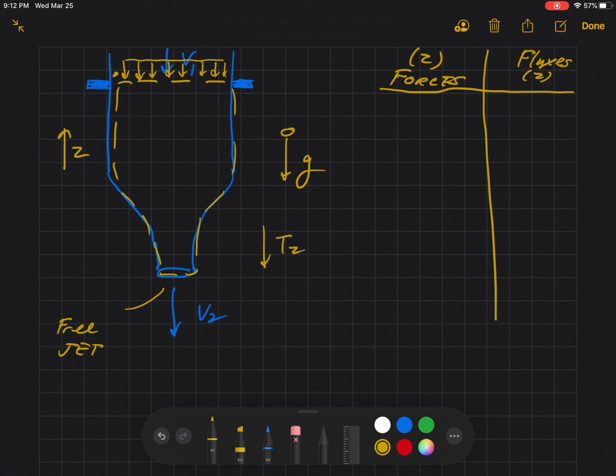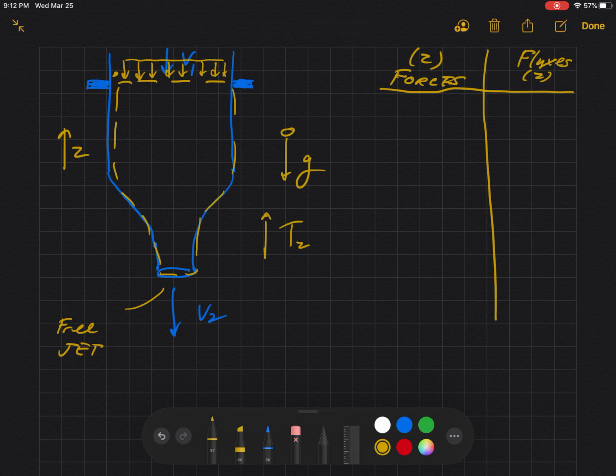What I would say, I think it's easiest to always, if you don't know which direction it's going, or even always, just assume it's in the positive z direction or the positive x direction, whatever you're working in. So in this case, positive z direction like that, okay? And let the signs work out from the math. If you were wrong, you'll get a negative T_z, and you will know that it's actually acting in the downward direction, right?